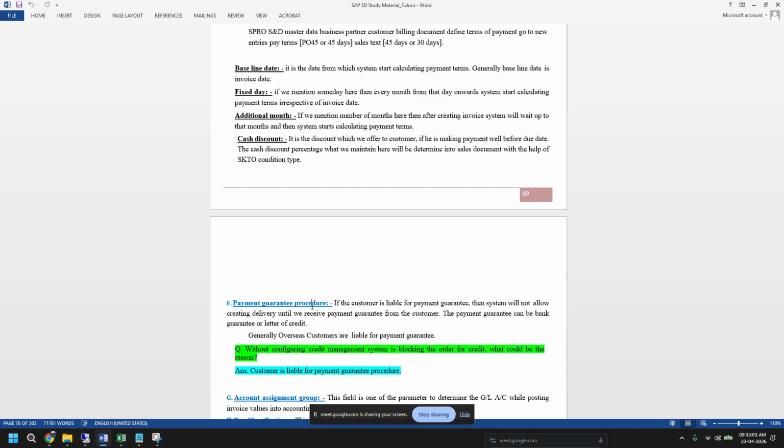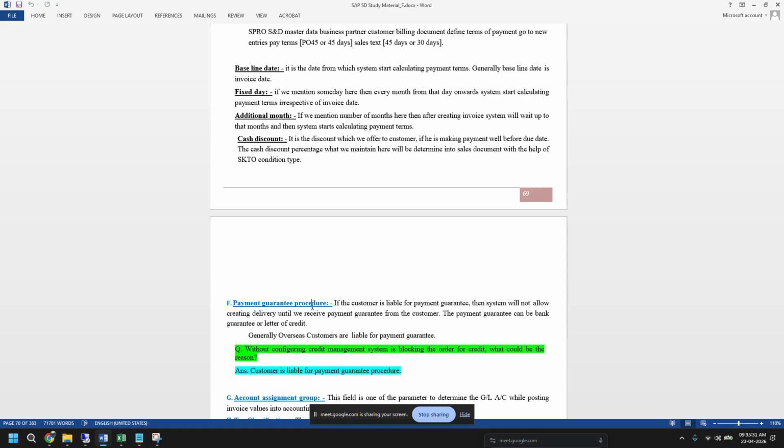Let's say I placed one order and created one invoice for 50,000, and I have not paid yet. I am going to pay in the next 10 days. The terms of payment were that I will pay in the next 10 days. So now my total limit was 1 lakh, right? Between me and Tata Steel, the agreement happened that up to 1 lakh they can give me the goods on credit.